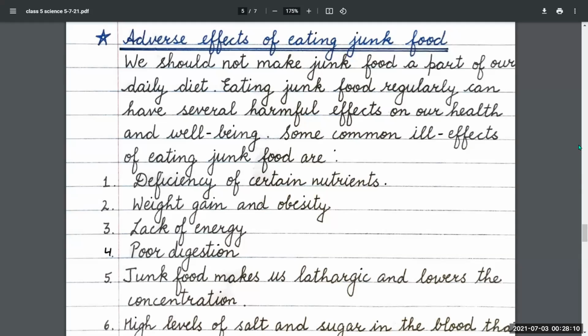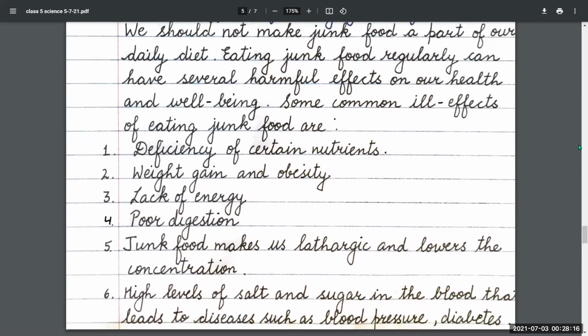Some common ill effects of eating junk food are: 1. Deficiency of certain nutrients. 2. Weight gain and obesity. 3. Lack of energy. 4. Poor digestion. 5.